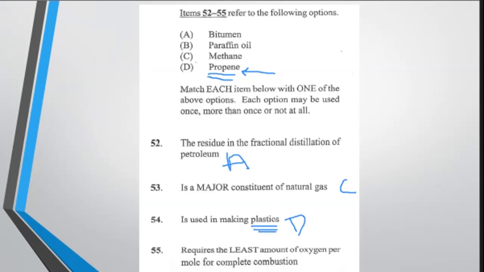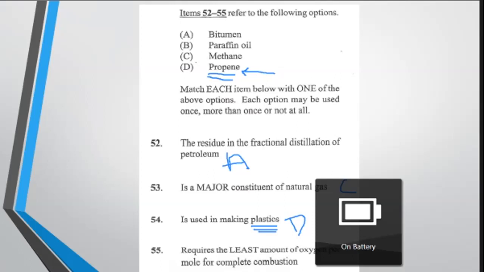Question 55. It requires the least amount of oxygen per mole for complete combustion. So we're looking for which structure has the least number of carbons in order for it to burn or combust, right? The structure that has the least number of carbons is the one we are referring to.